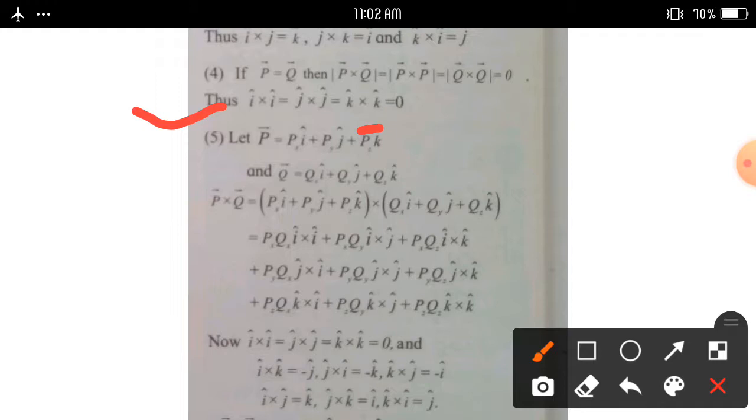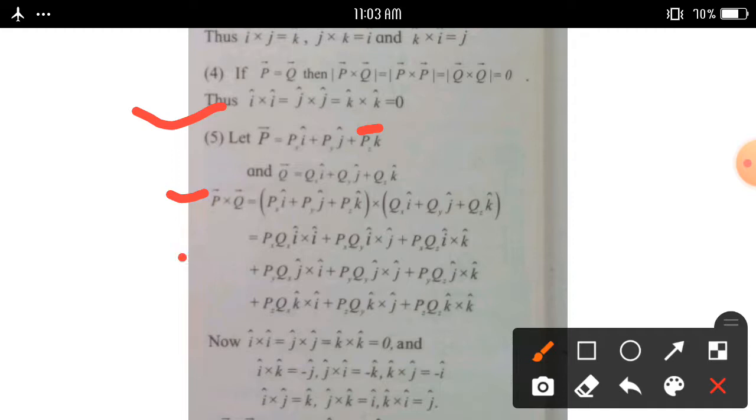Then fifth characteristic, let p bar is equal to px i cap plus py j cap plus pz k cap, and q bar is equal to qx i cap plus qy j cap plus qz k cap.